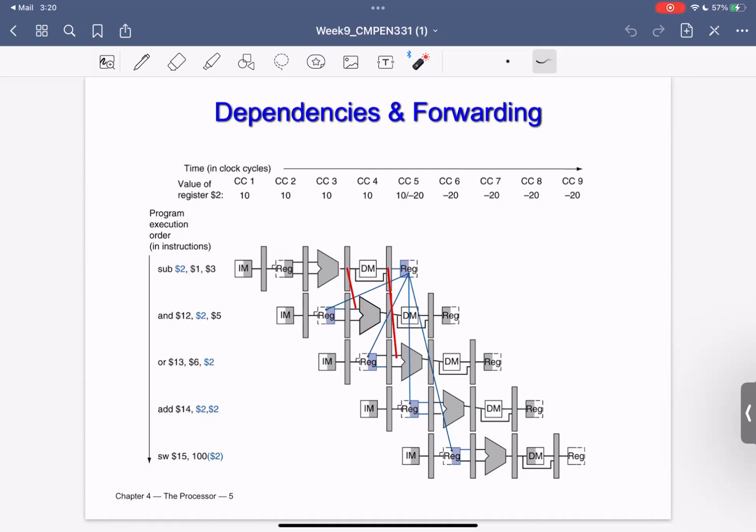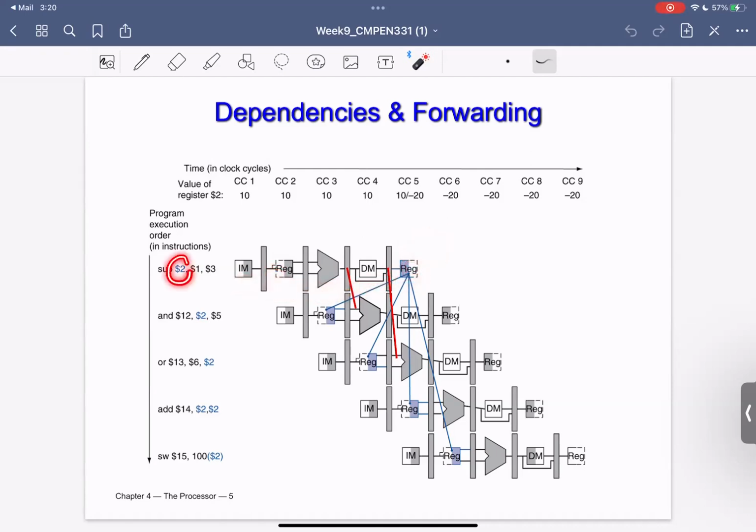As you know, the very first stage is instruction fetch, then decoding, then execution, then memory, and then write back. Write back means I write whatever I have here into that register. That's why it is updated here.